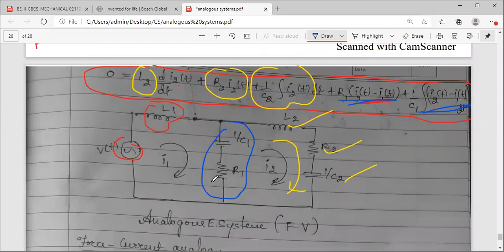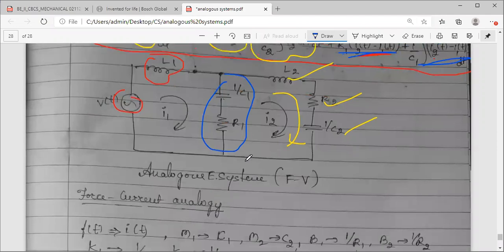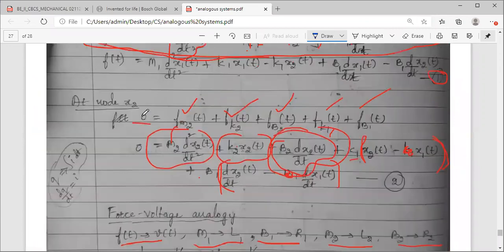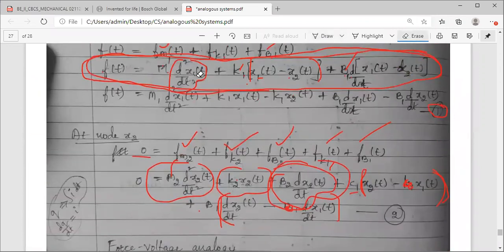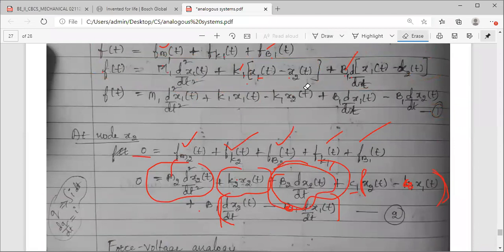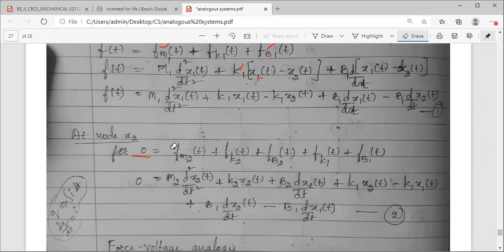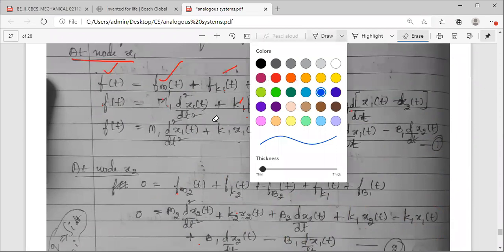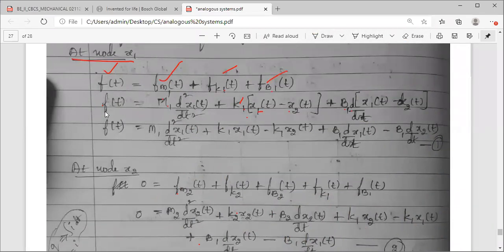Now coming to the force current analogy. For force current, again what we have to do is, these two nodal equations that we have written for the network, we will use them to replace the elements. Okay, let me refer first equation, this will be, not this.